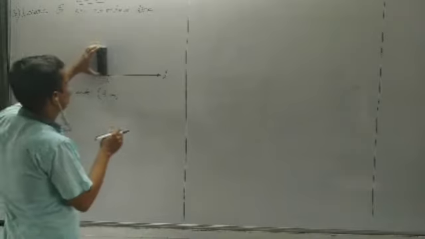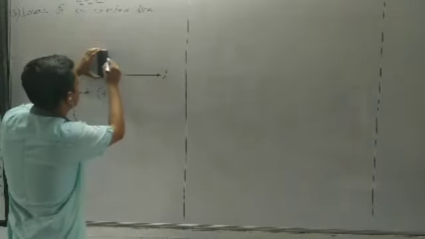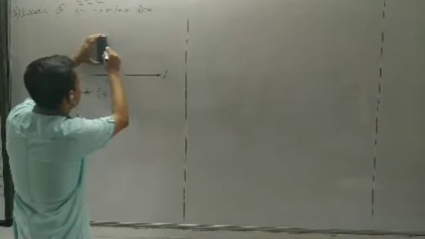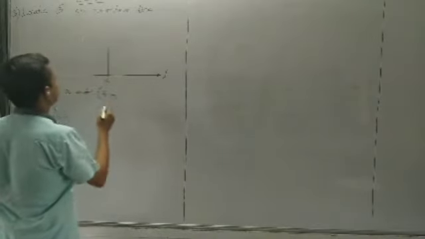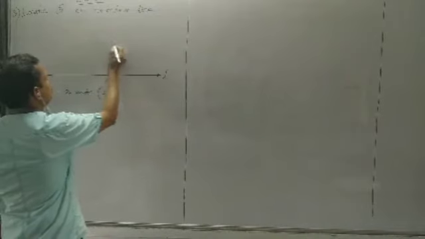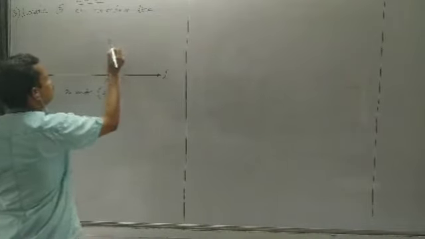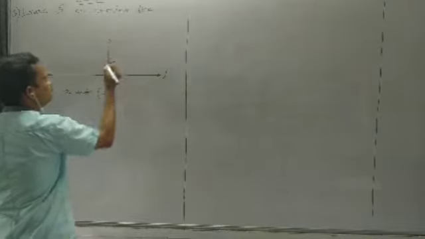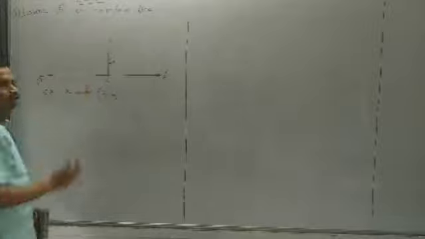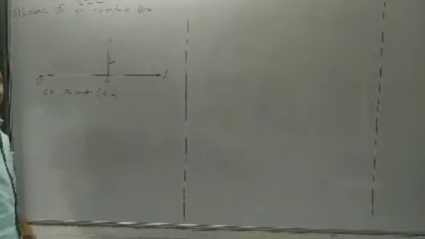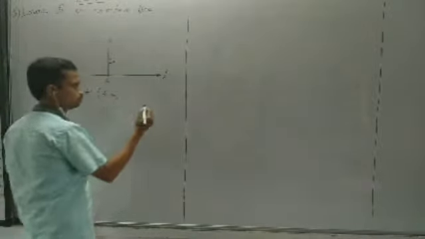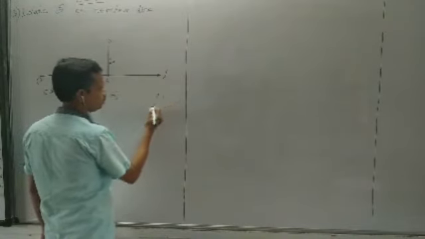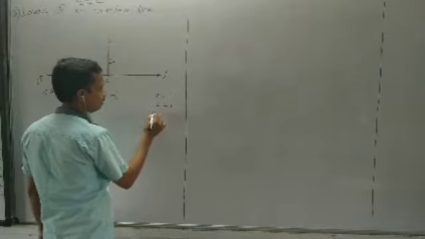Now through A, draw a perpendicular and mark it as B. This is 1 unit. Always here it is 1 unit only, but here I am taking 2 units. Why, sir? Because 2 square plus 1 square is 4 plus 1 equal to 5.